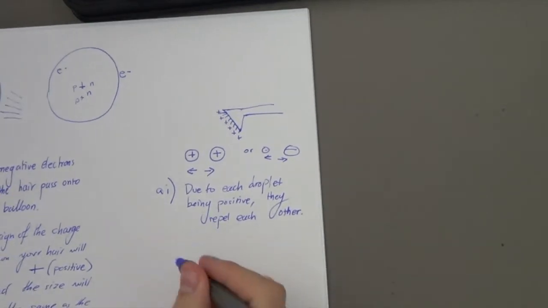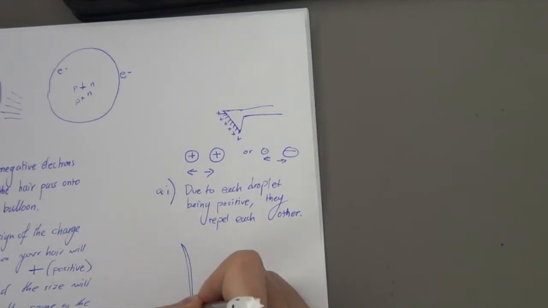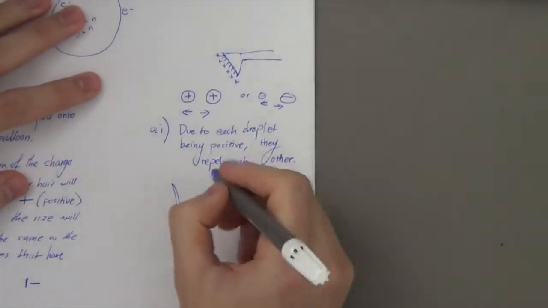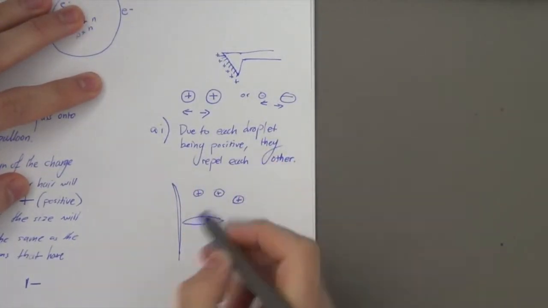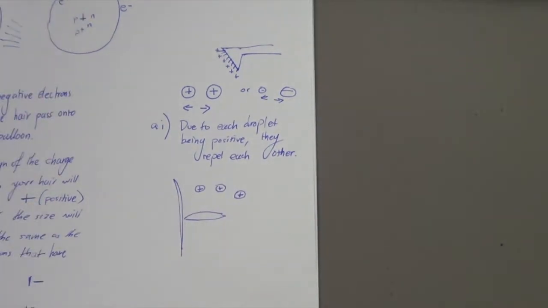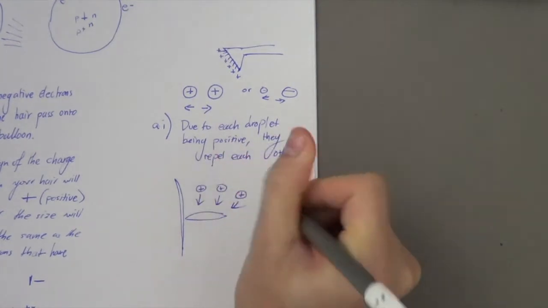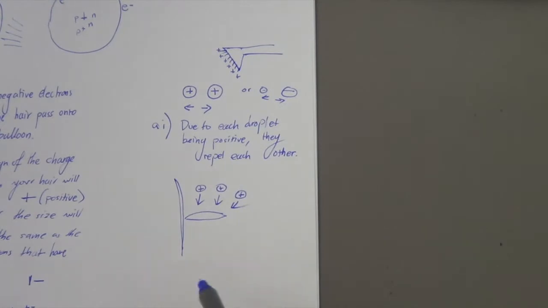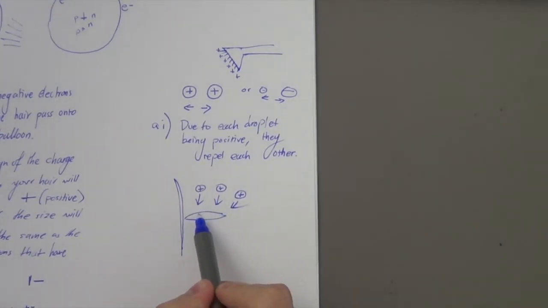So basically what's happening here: let's say this is a plant, a leaf. We've got positive droplets. Obviously I've enlarged these purposefully so that you can see the positive signs in the droplets. These are falling down due to gravity. We know that the only charged particles that can move are the electrons. So here are the electrons.